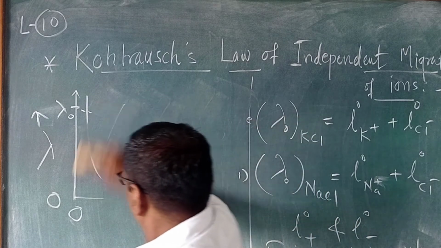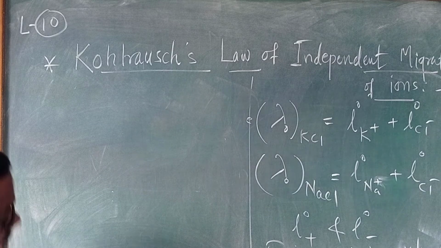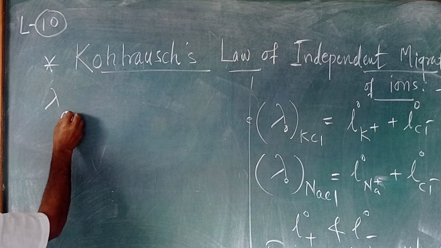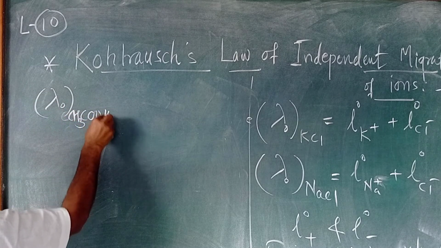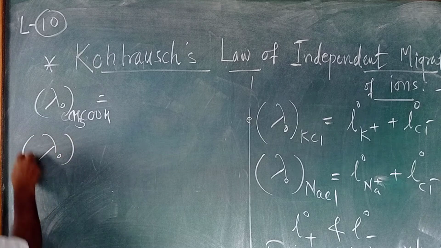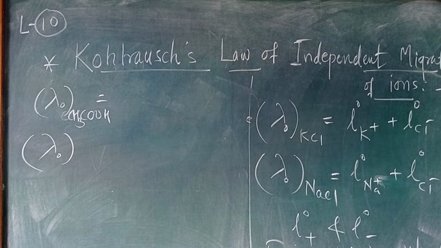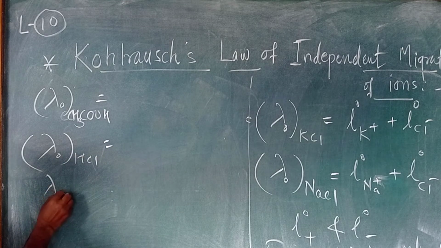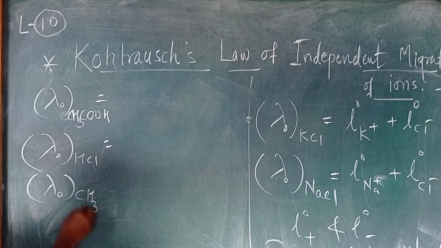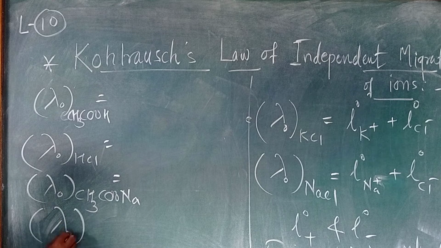For example, consider the equivalent conductance at zero concentration for CH3COOH, for HCl, for sodium acetate, and for NaCl.